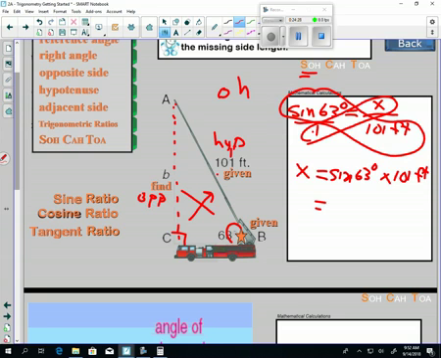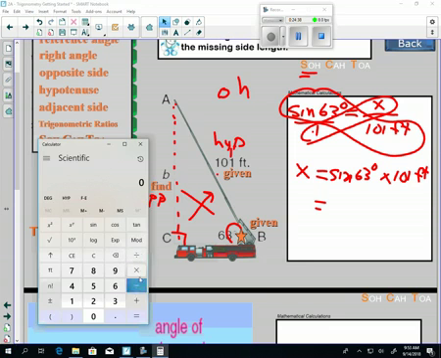So then we have to go to our calculator, and we need a scientific calculator. We see here our scientific calculator has sine, cosine, and tan. So the first thing we do is put in our sine 63.